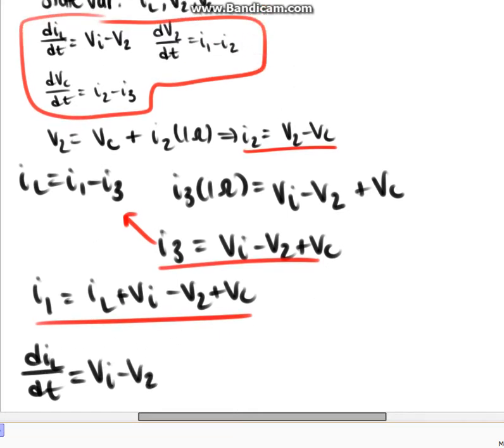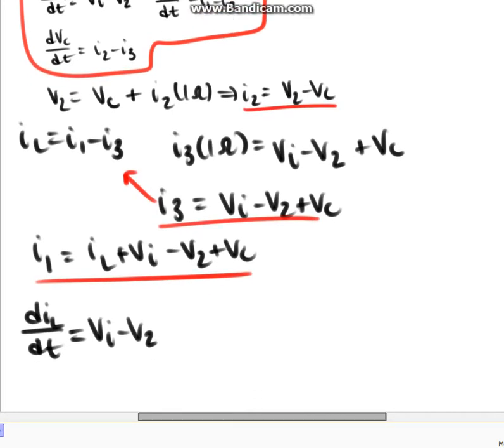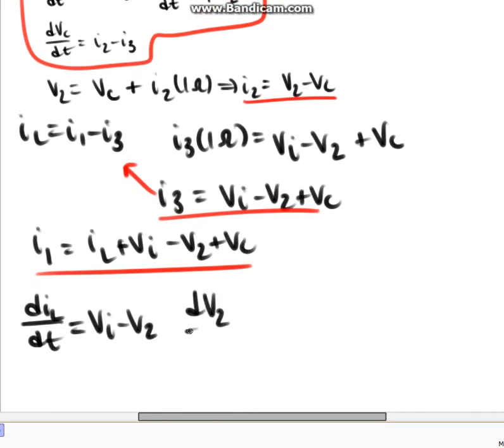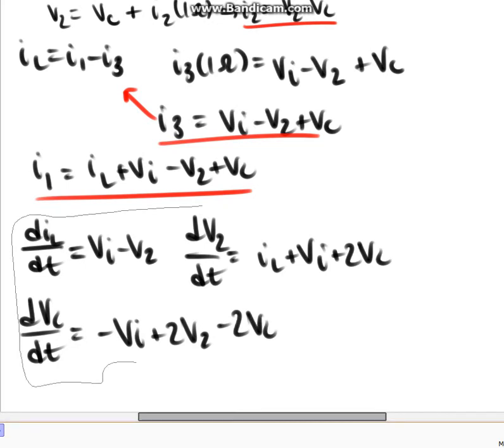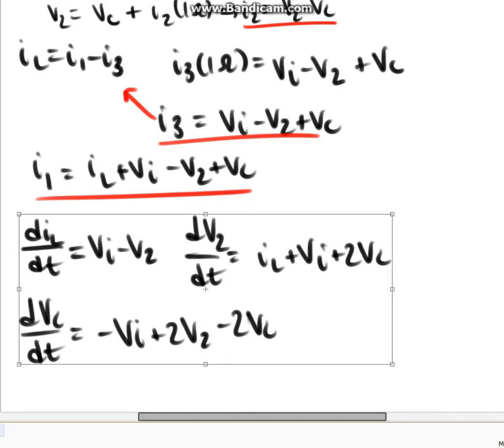Plugging in I1 and I2 for dV2/dt, we end up having IL plus VI plus 2VC, and then lastly dVC/dt, after plugging in our needed equations, is negative VI plus 2V2 minus 2VC. These are the equations we're going to be plugging in for our final answer in the form of state space.